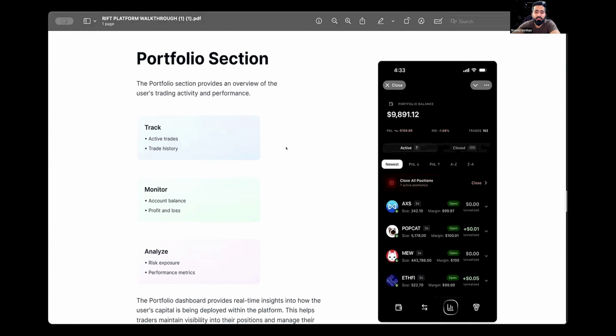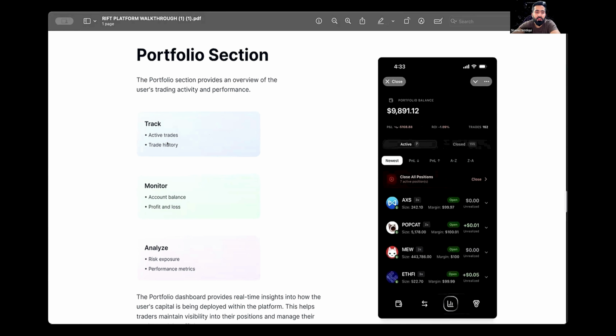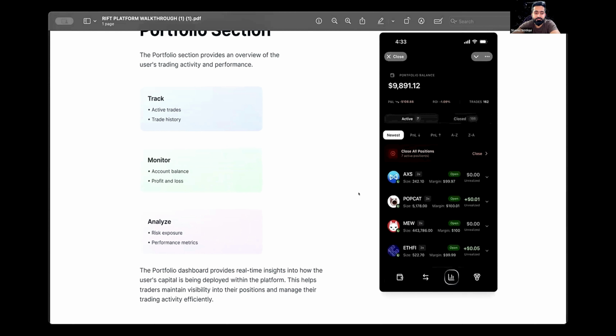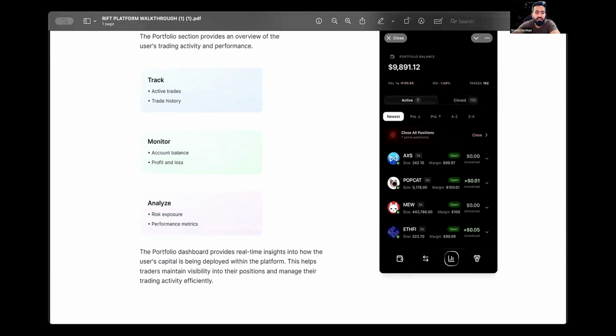With the portfolio section, you can track active trades, trade history, you can monitor account balance, profit and loss. There will be P&L here, there will be ROI here, there will be number of trades here. The portfolio dashboard provides real-time insights into how users' capital is being deployed within the platform. This helps traders maintain visibility into their positions and manage their trading activity efficiently.